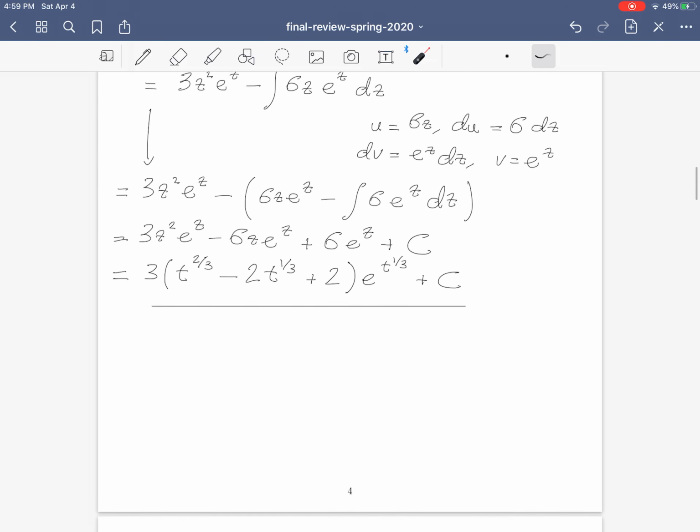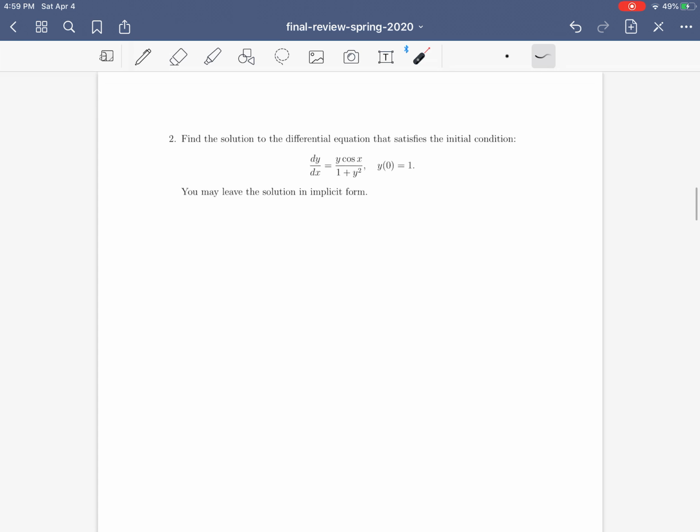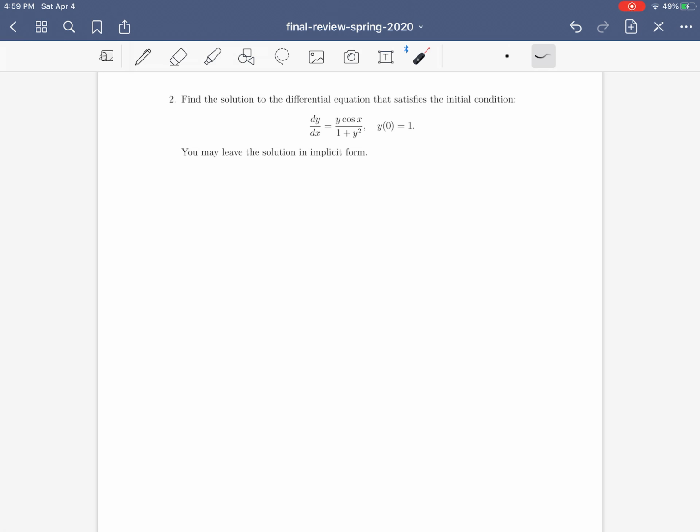Okay, let's move on from integration and let's tackle a differential equation. So in question 2 here, we are asked to find the solution to the following initial value problem.